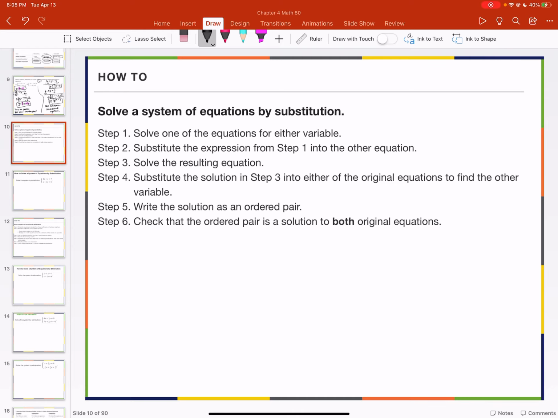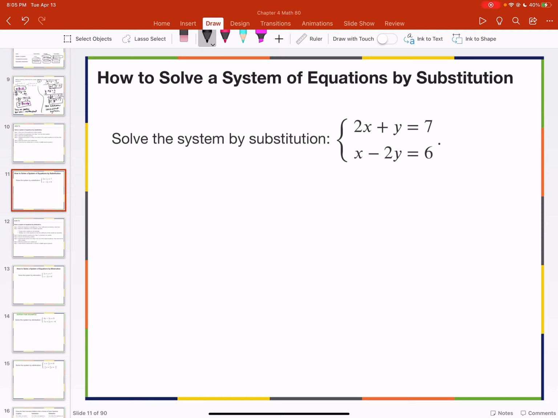Let me show you what I mean. Here we have 2x plus y is equal to 7, and x minus 2y is equal to 6. For the first equation, I'm going to solve for y, but I could have done it either way. I get y is equal to 7 minus 2x, or you could say negative 2x plus 7, same thing.